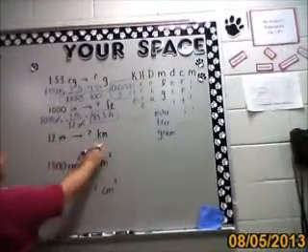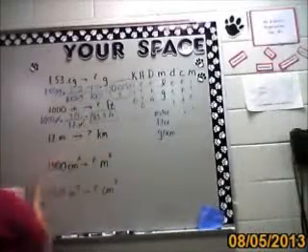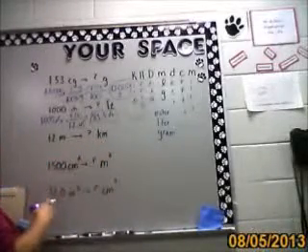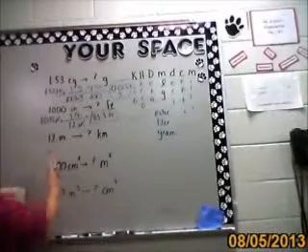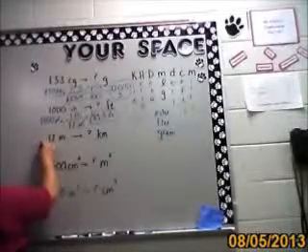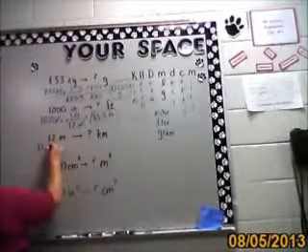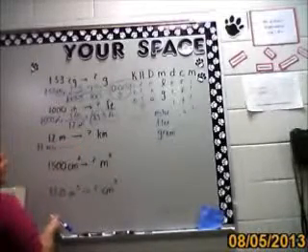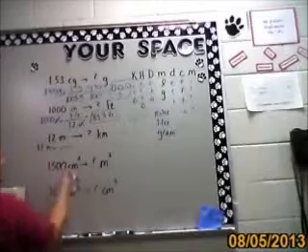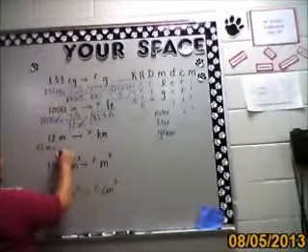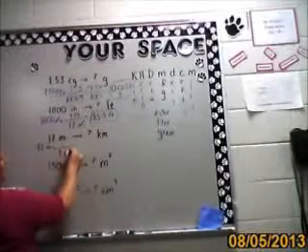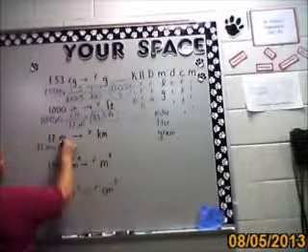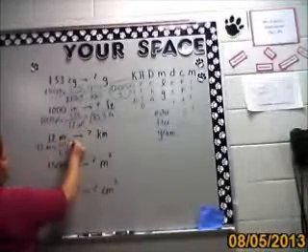To convert 12 miles to kilometers, I'm going to have to involve an English unit and a metric unit. So I take my given 12 miles. I need a conversion factor. You can write this down in your notes. For every mile, so for 1 mile, there are 2.4 kilometers.